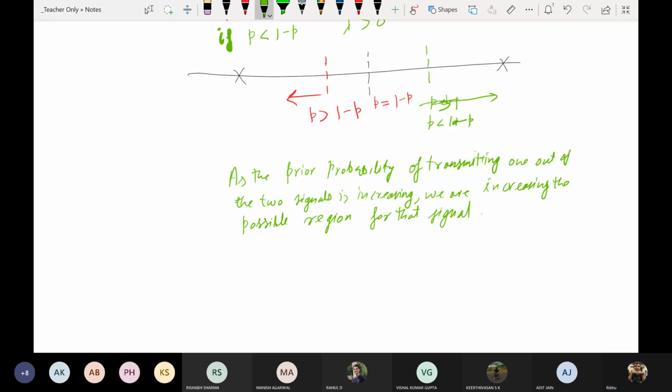This is what we are doing. The higher the prior probability, the more is the region in which we expect that signal.